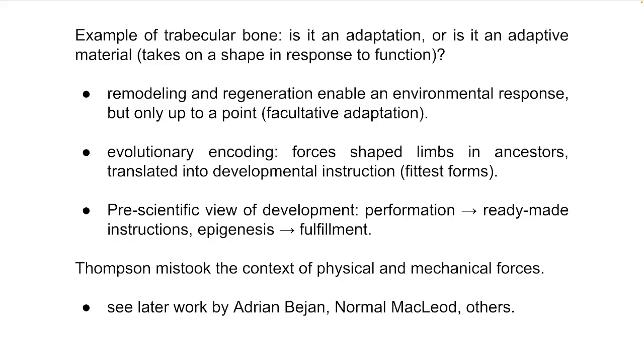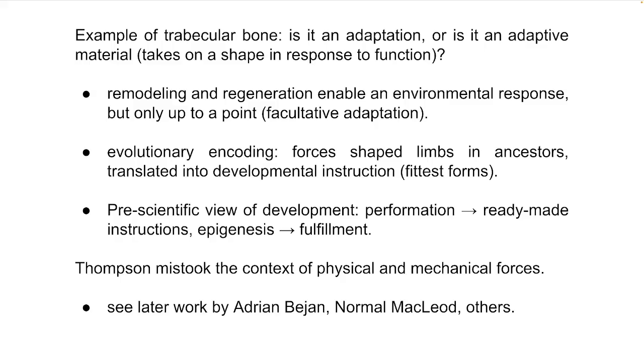So, again, you have a bunch of variation in the ancestors. Those things get selected for, or sometimes you could have traits for plasticity that get selected for. And you basically end up with these developmental instructions that result from the fittest forms being selected by natural selection.